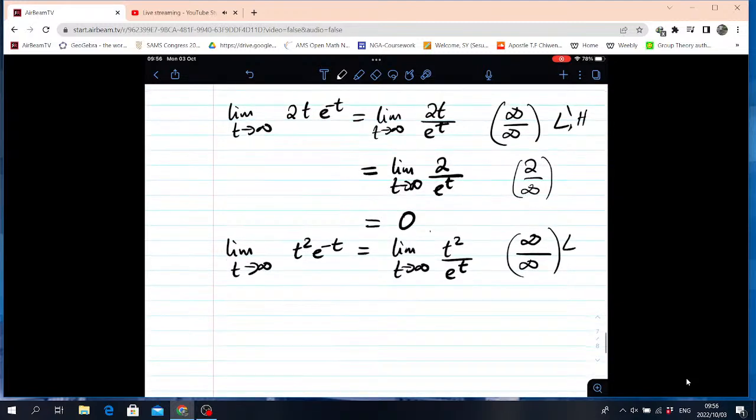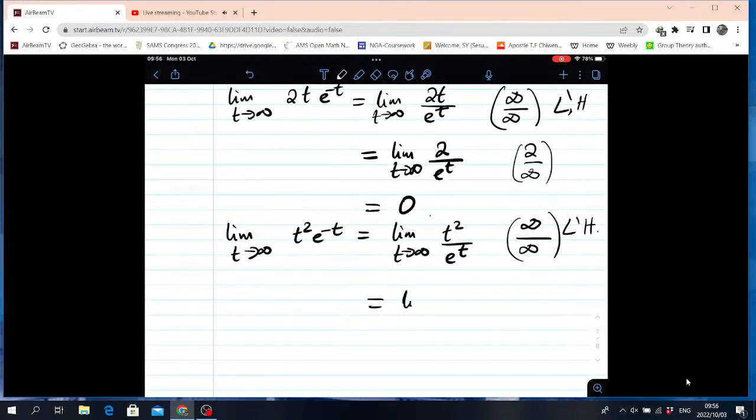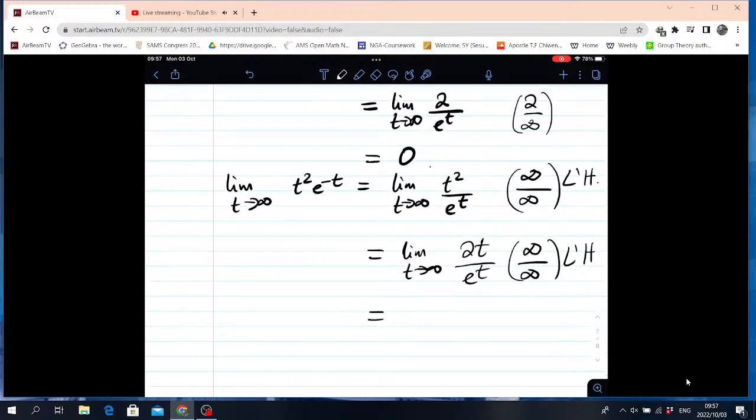So we can use L'Hopital, and so therefore we can say this would be equal to that, and then we differentiate the top part, we get 2t, we differentiate the bottom part, we get that. And as t tends to infinity, again 2t is going to infinity, and e to the t is also going to infinity, so we still have the situation like that. So we can use L'Hopital again, and we get the limit as t tends to infinity. We differentiate 2t, we get 2.